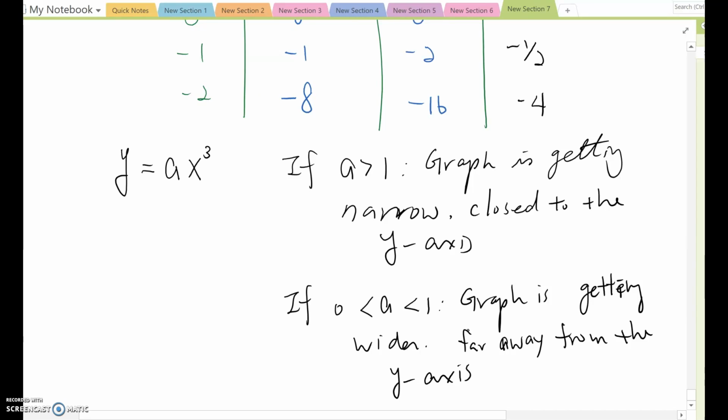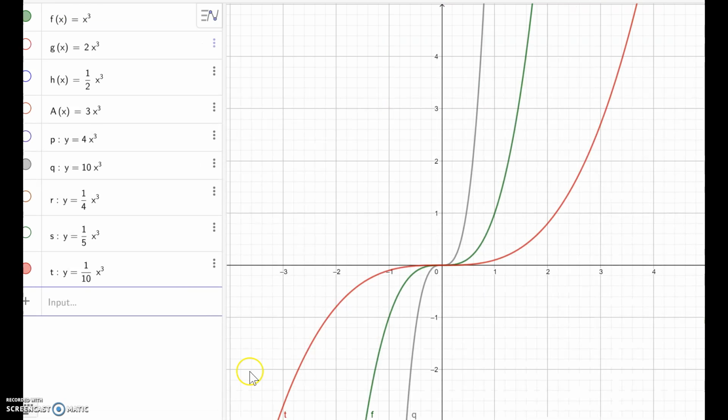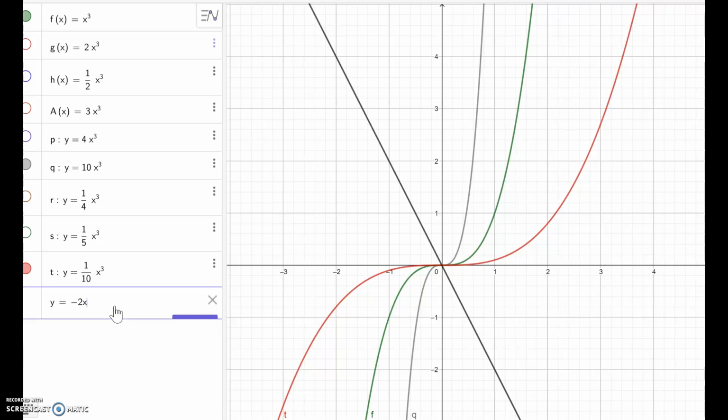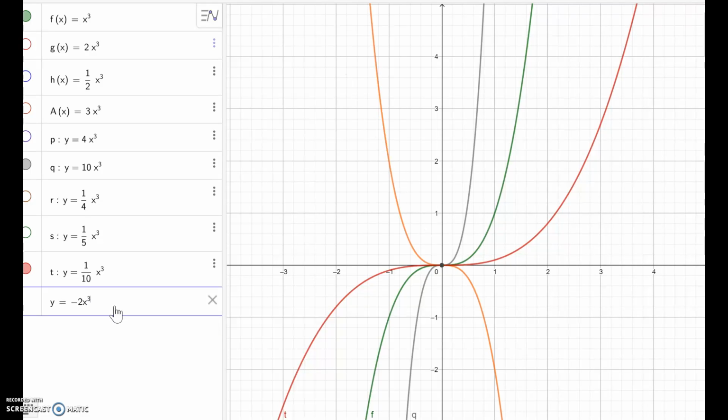Okay, then you may wonder what if a is negative. We basically covered this before, but I'm going to show a little example here as well. So let me make a negative coefficient, such as y equal to negative 2x cubed.